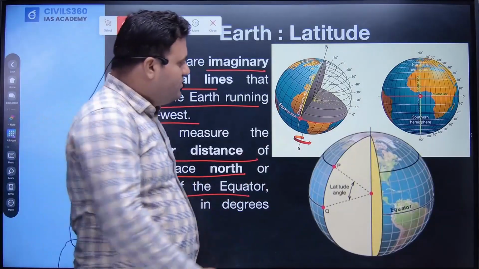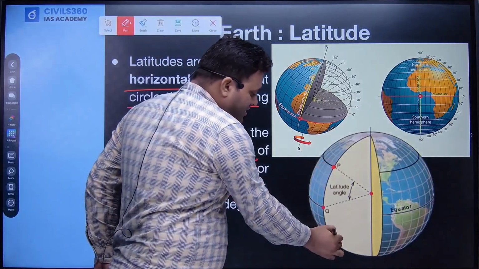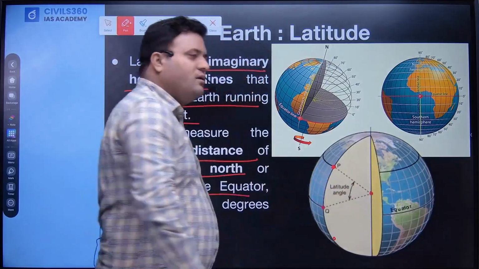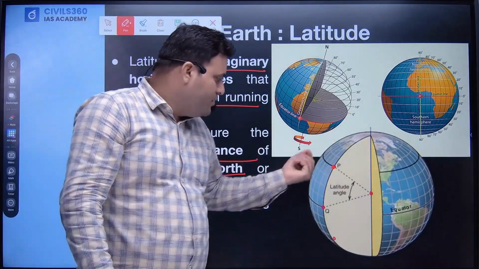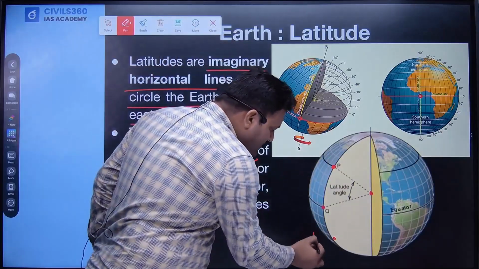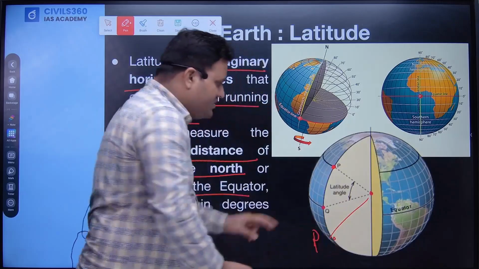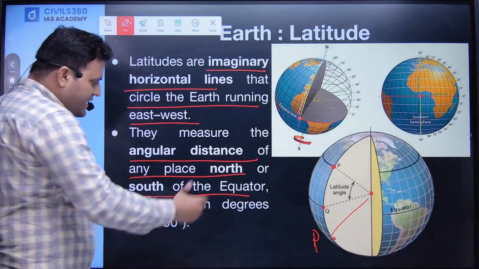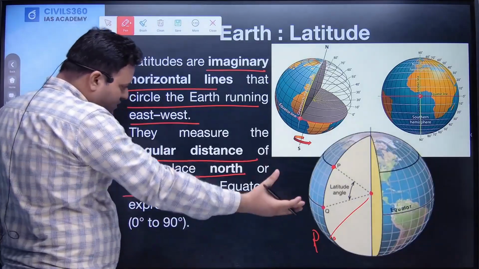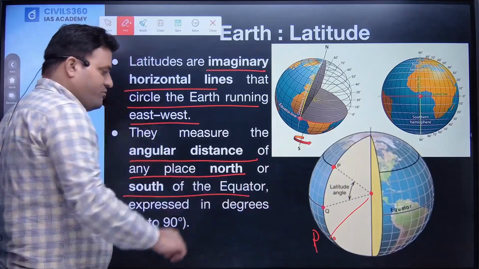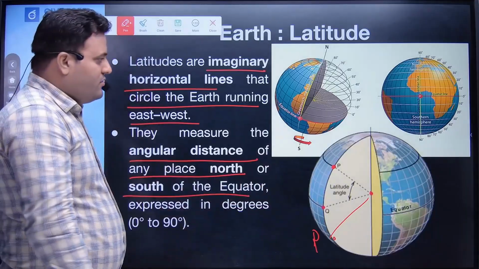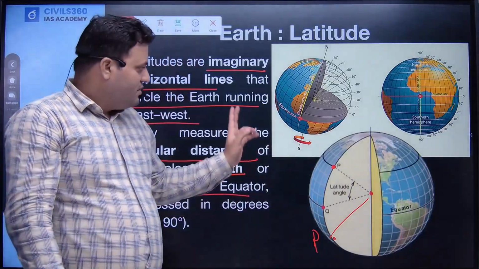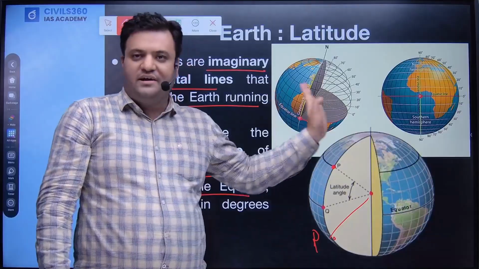Suppose a person is standing at position P, or on this position R. This is the angular distance towards the Earth's surface, and it is expressed in degrees from north to south. So these are the latitudes, the horizontal lines drawn over Earth's surface.